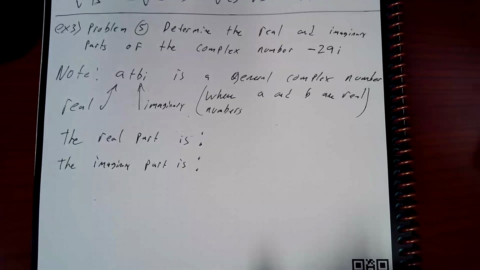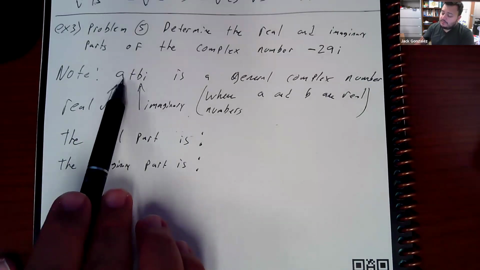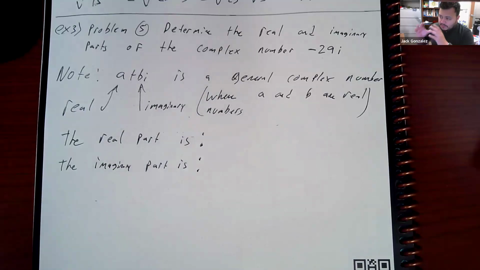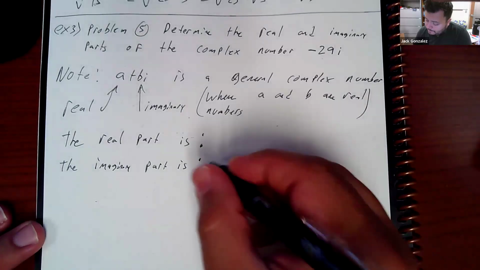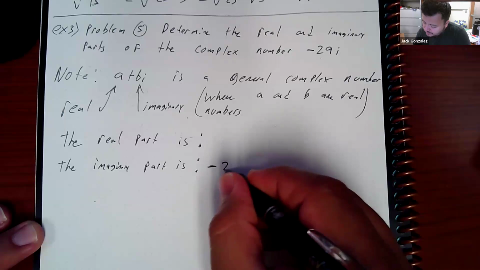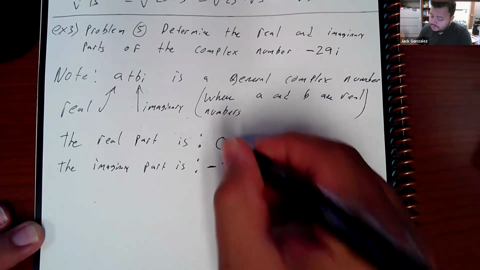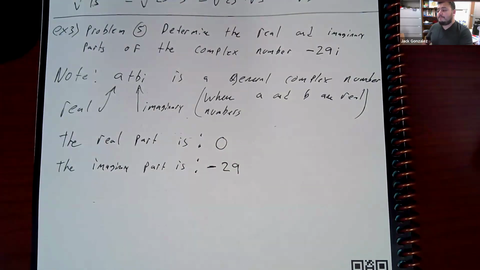Would the real part be that b equals negative 29 and i equals i, and then imaginary would be a? Yeah, so technically a and b are real numbers, but the bi together is the imaginary component. So in the homework, they just want you to put the imaginary part is this guy. The real part is 0 because there's no a.